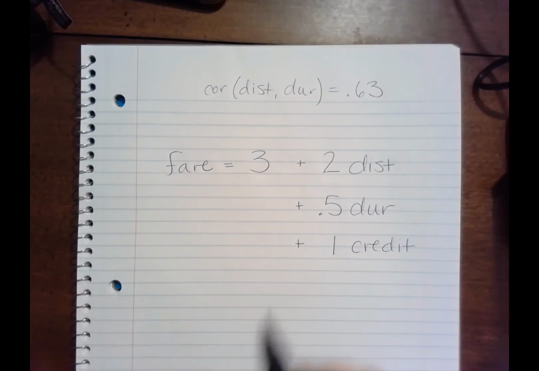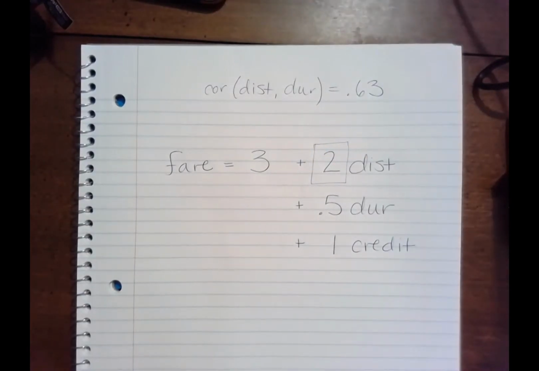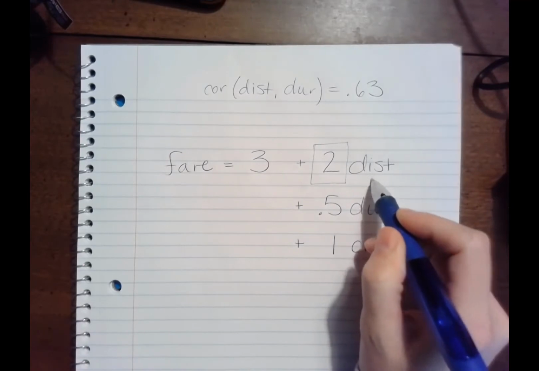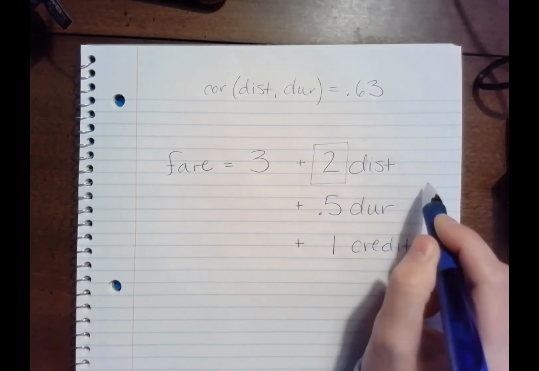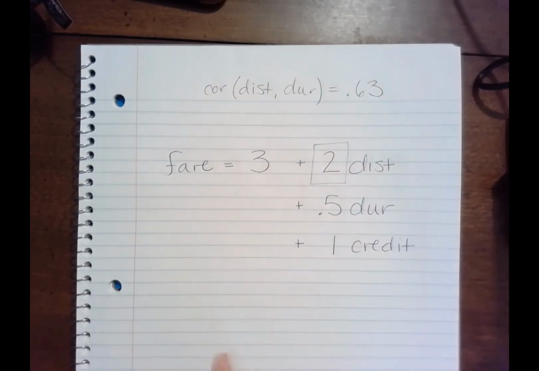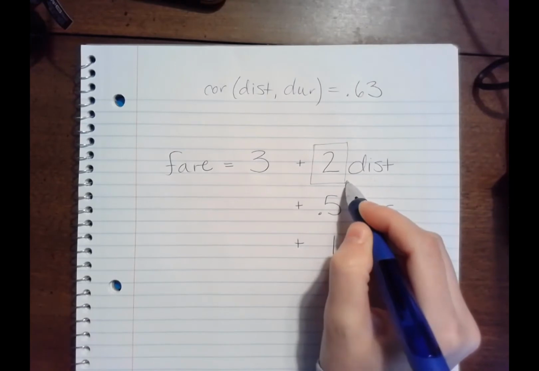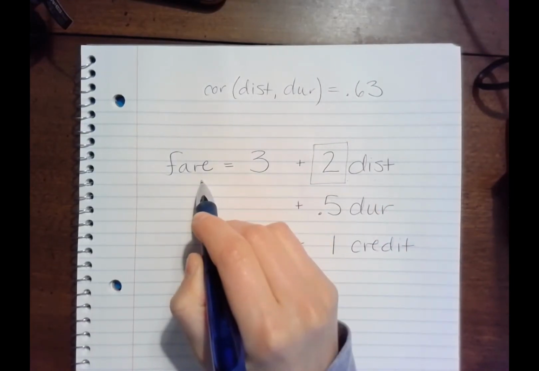So ordinarily, if I want to understand the coefficient in front of distance, I would say, let's assume everything else stays constant, but I'm going to increase the distance of this ride by 1. When I increase the distance from 2 miles to 3 miles, or from 9 miles to 10 miles, I'm just adding 1 mile to the ride, and I multiply that change by that coefficient to understand how it's affecting fare on average.